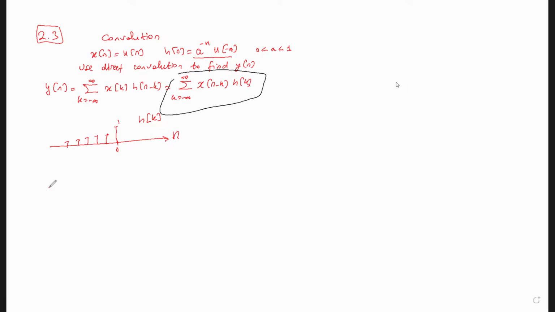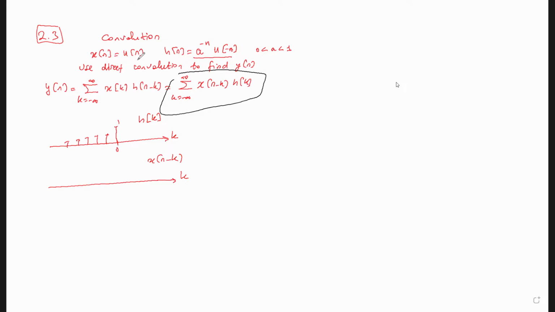Next, let's see x of n minus k. Oh, sorry, this is not n axis, this is k axis. So when it is k axis, we have to reverse, right?